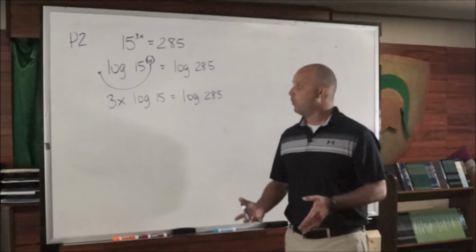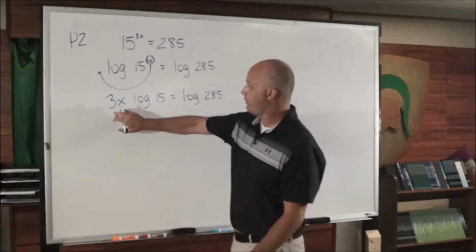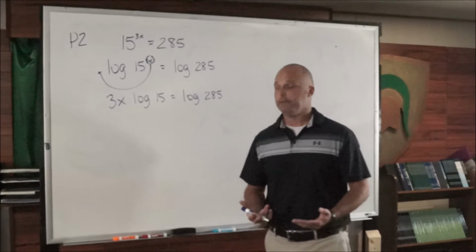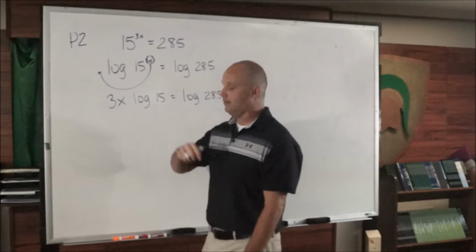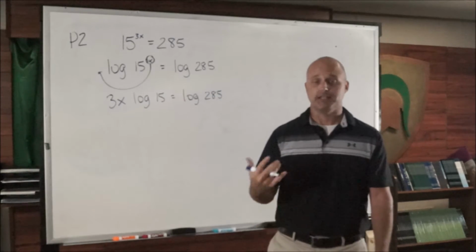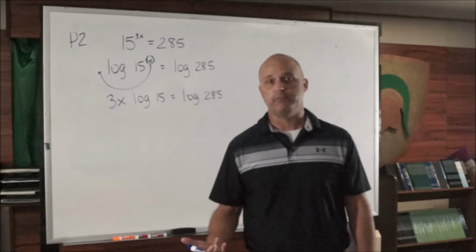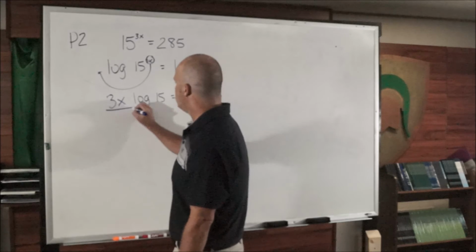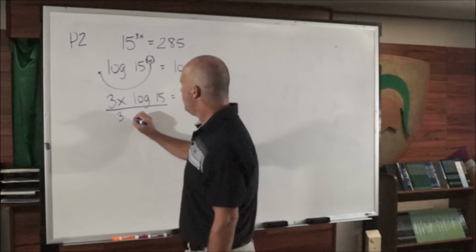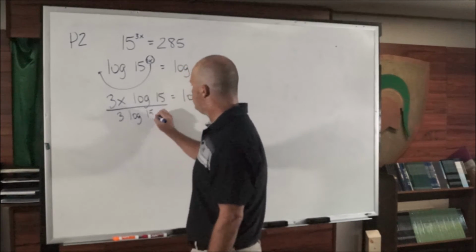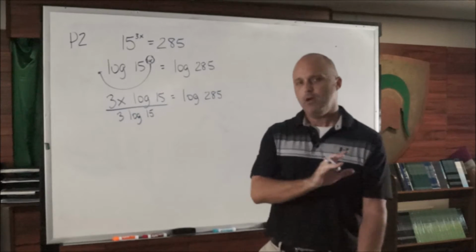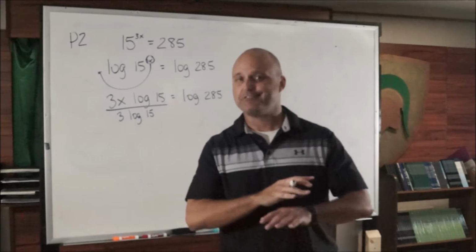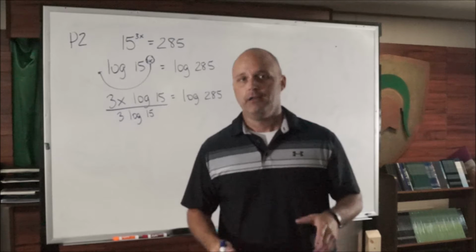Now, what is being done to the x by the 3? It's being multiplied. What is the log of 15 doing to the x? It's again multiplying. So how do we get rid of multiplication? We do division. So the way that we're going to get rid of it is we're going to divide by 3 log 15. Because remember, when you're doing multiplication, it doesn't matter what order you do it in.